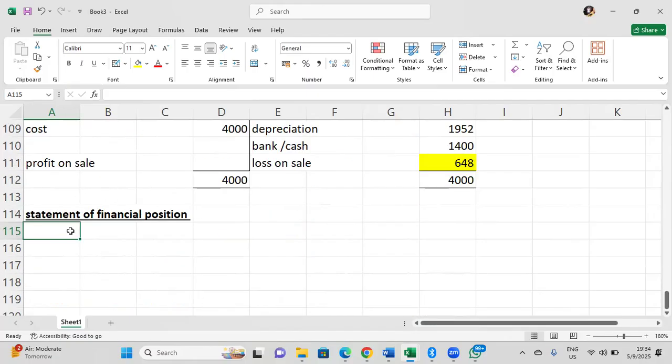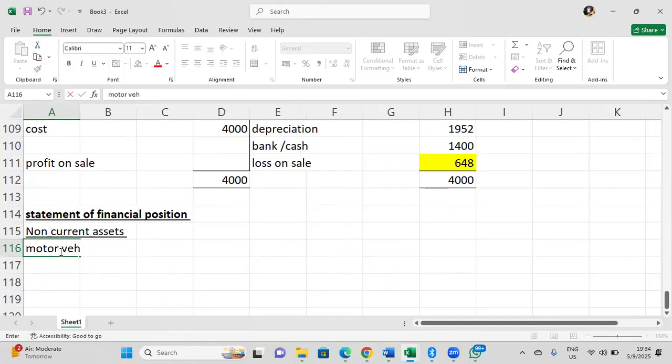So in the statement of financial position, you have your non-current assets. We have a section for non-current assets, or we can call them fixed assets, those that stay in the business for a long time. Under the section for non-current assets, we can then start with the motor vehicle.